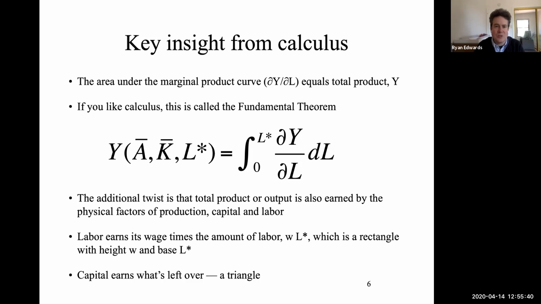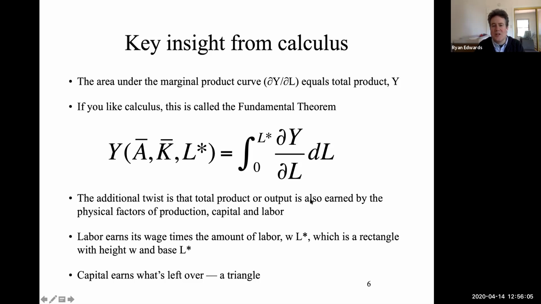So the math would look something like this. It turns out this is called the fundamental theorem of calculus, like I guess all of us have in the backs of our heads from freshman year, or maybe in high school if you've seen it the first time. But it's the integral, or the area under the curve, from the origin out to however much labor you've got of this. This is the marginal product of labor, the partial of total output with respect to L.